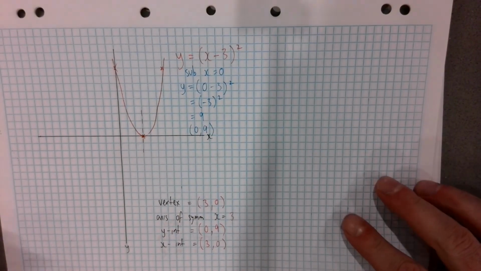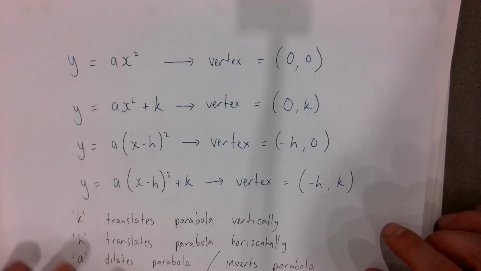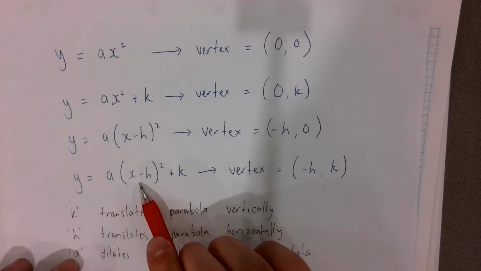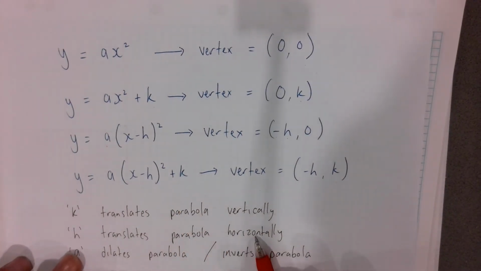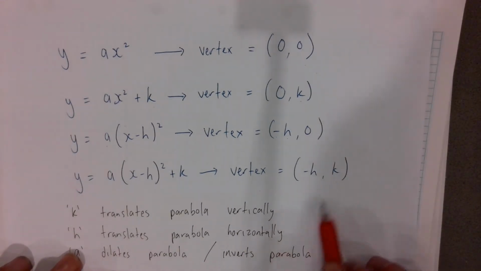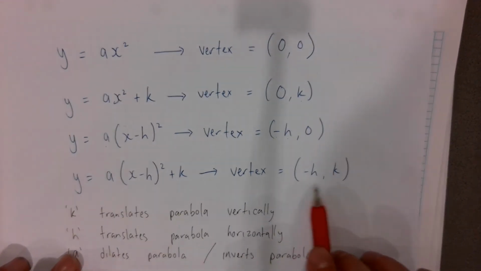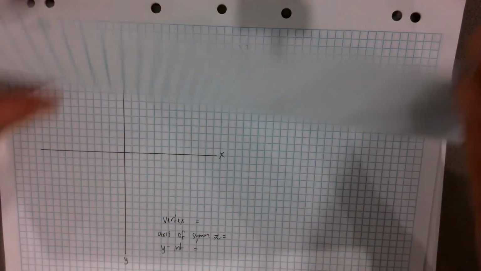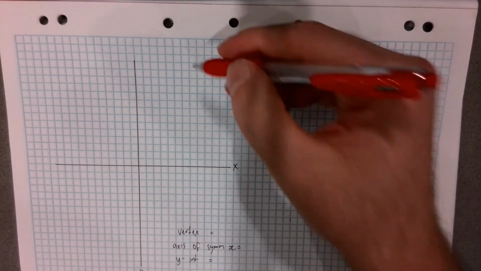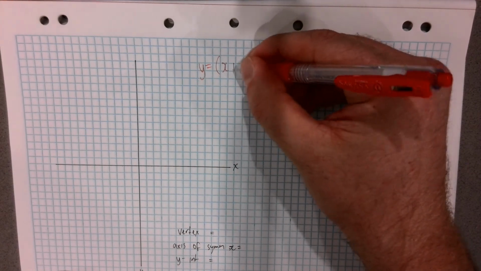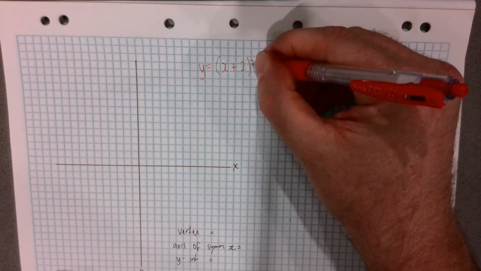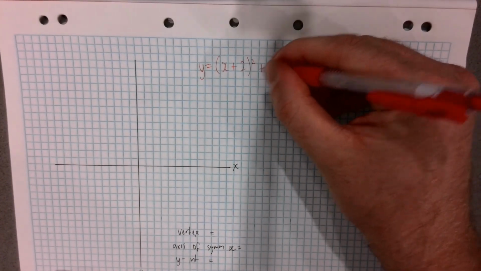Okay, last equation we're going to look at is in the form where we do have a value of h and a value of k, so there is some vertical and horizontal translation. But that also makes it a little bit easier for us to identify where our vertex is going to be too. So let's start fresh. Let's use the equation y equals x, let's keep it simple, plus 2 squared, let's do plus 1.